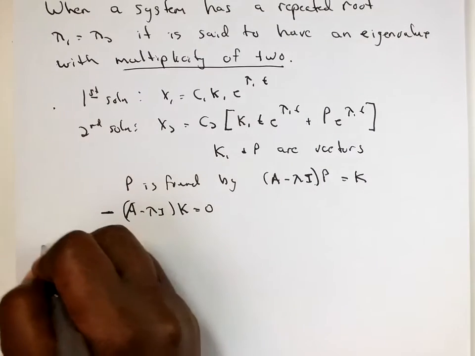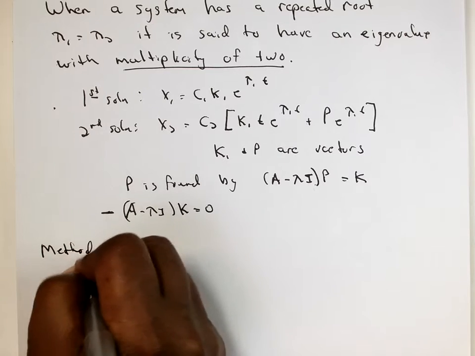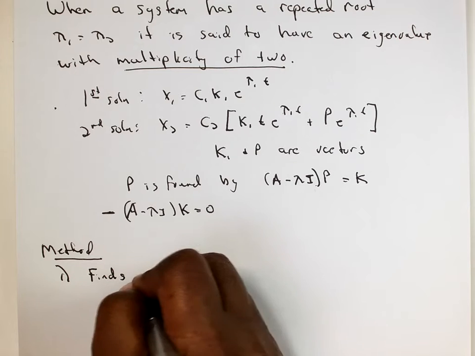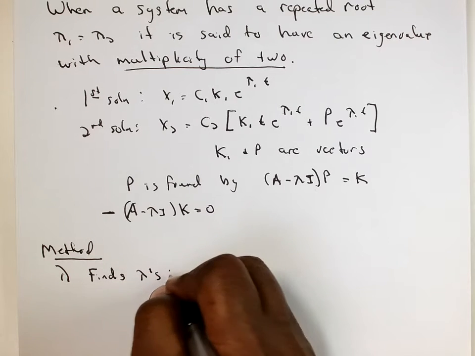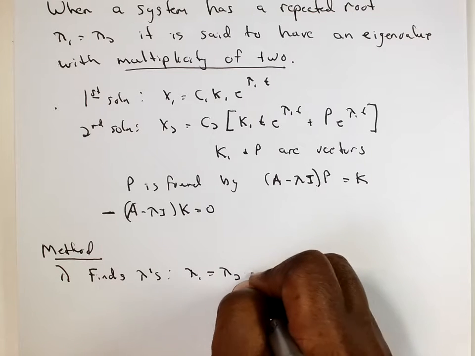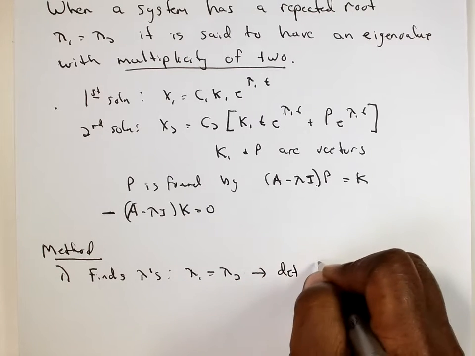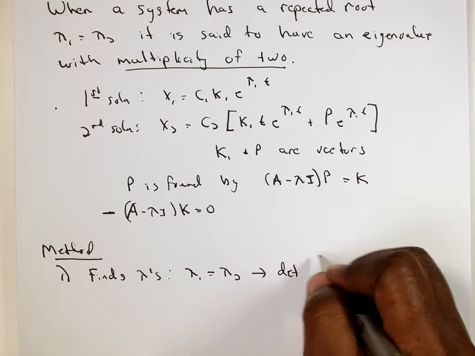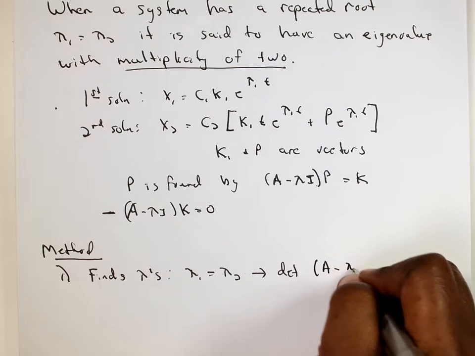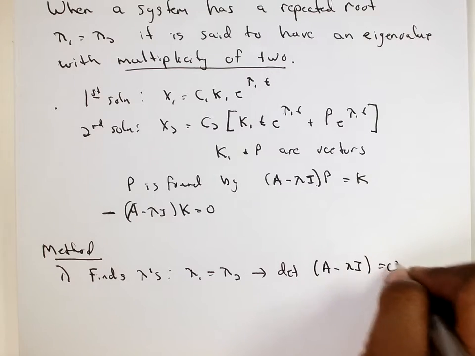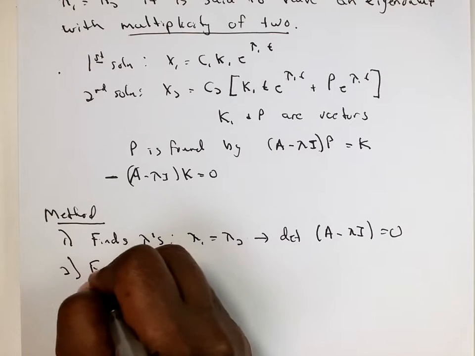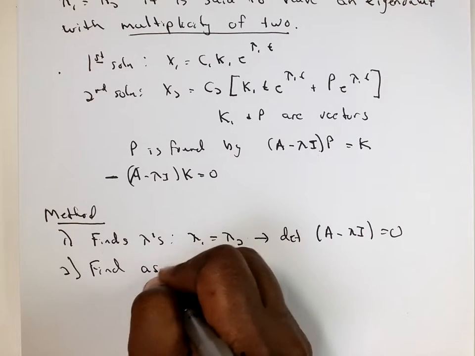So our method is: 1, find the lambdas, those eigenvalues. And in this case, lambda 1 is going to equal lambda 2. We're going to find that determinant equals 0. So that's how we're going to get K. So find the associated K vector.